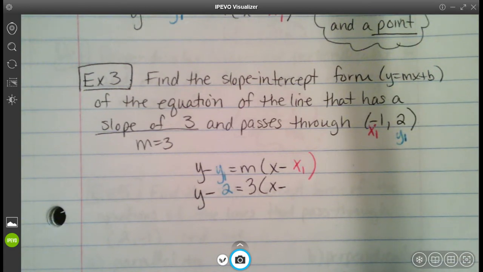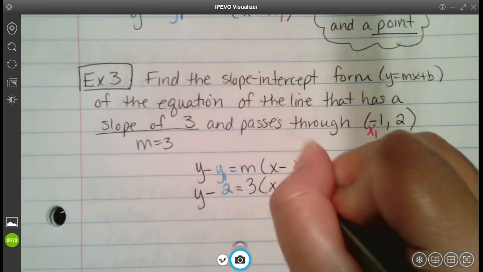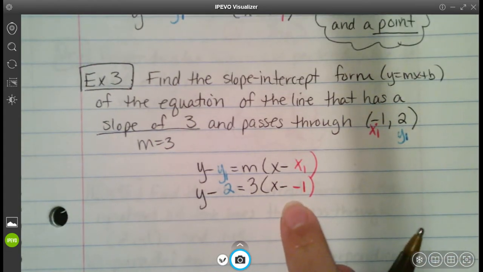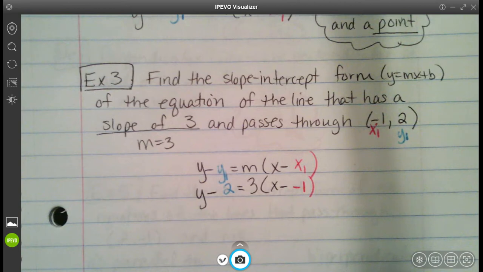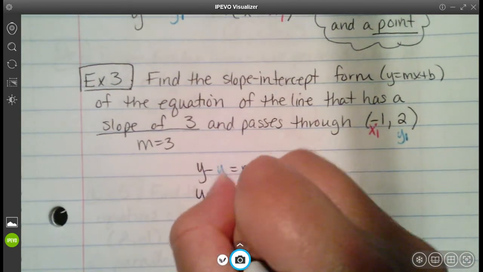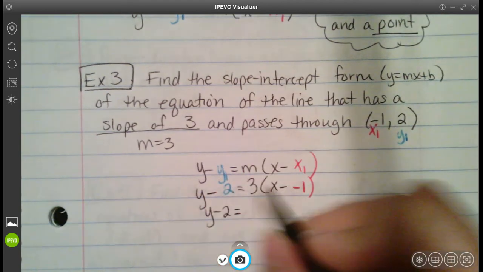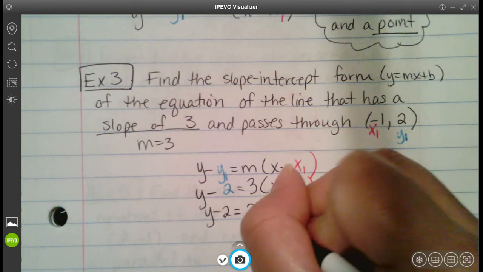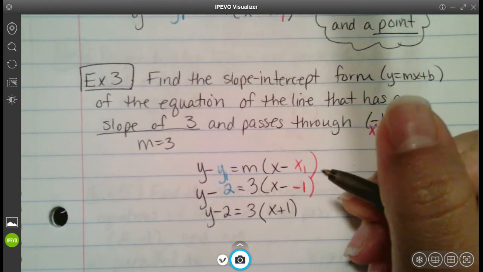Be careful here because we already have a negative, so we have to put another one. So there's 2 of them, okay? And that's going to change the value here. At this point, we're just simplifying so we can bring stuff down. So y minus 2 equals 3 parentheses. This becomes positive, so x plus 1, okay?